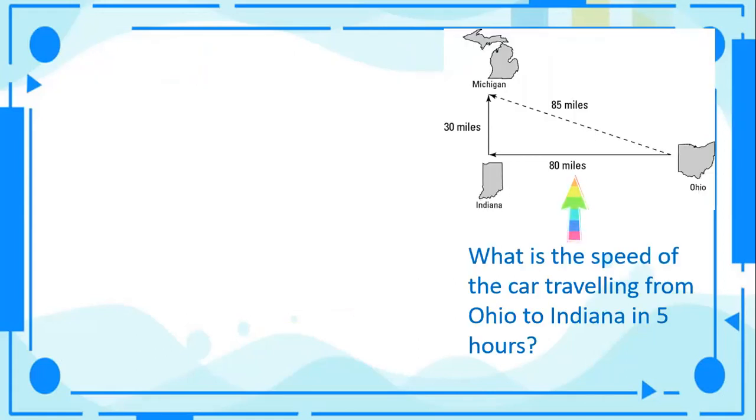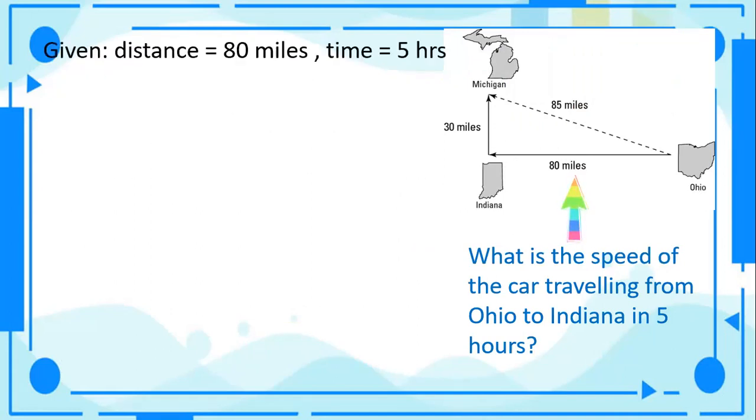Example: what is the speed of the car traveling 80 miles from Ohio to Indiana in 5 hours? Based on the problem, we have a given of distance equals 80 miles and time equals 5 hours. Then what we need to find is the speed of the car from Ohio to Indiana.